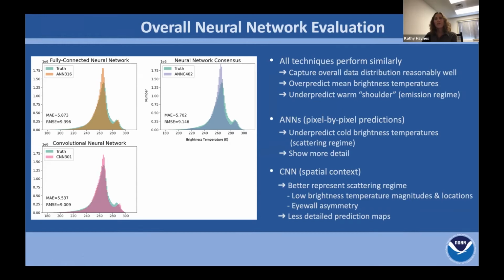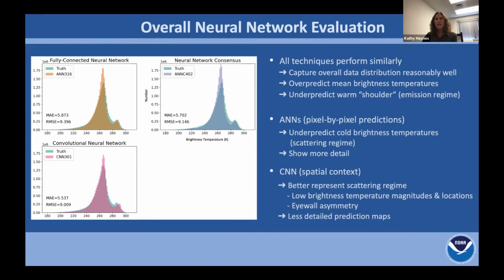As we see from the figure, all techniques perform similarly, and they are able to capture the overall data distribution reasonably well. However, they do have a tendency to overpredict mean brightness temperatures, particularly at 260 Kelvin. And they also tend to underpredict the warm shoulder or emission regime, which is from 270 to 280 Kelvin.